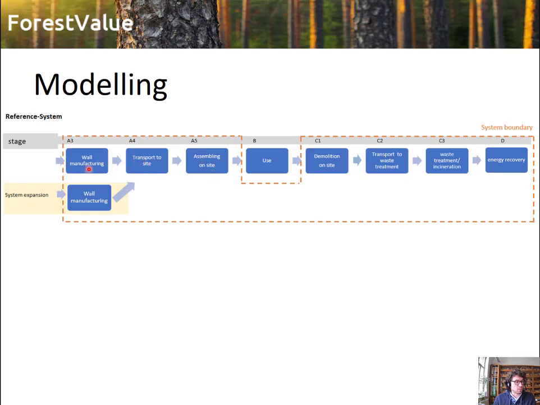So for example, the wall manufacturing, the transportation of the wall elements to the construction site, the assembling on site, and then of course the demolition and so on. In orange you have the system boundary. As you can also see, the use phase is excluded from the system boundary. So this is here only for illustrating purposes.